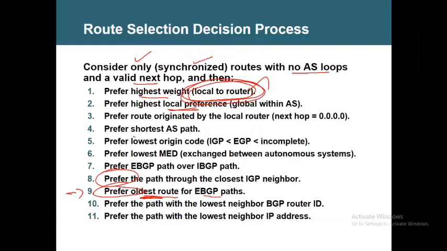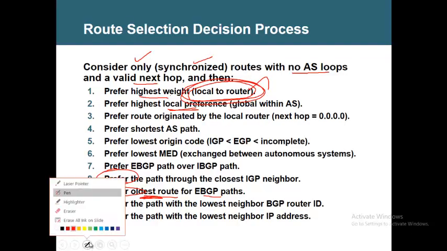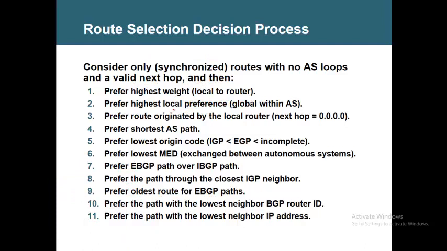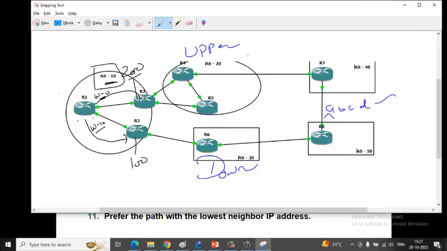Now, only when there is a tie in the weight, the packet is going to be forwarded as per the local preference. So here there is no tie. R1 says this has got more weightage, this has less weightage. Then I don't have any tie. Then I'll send it this way. It won't check. Router 1 will never check local preference. Even though we have set local preference, and this router also knows the local preference, router 2 has a local preference of 200.